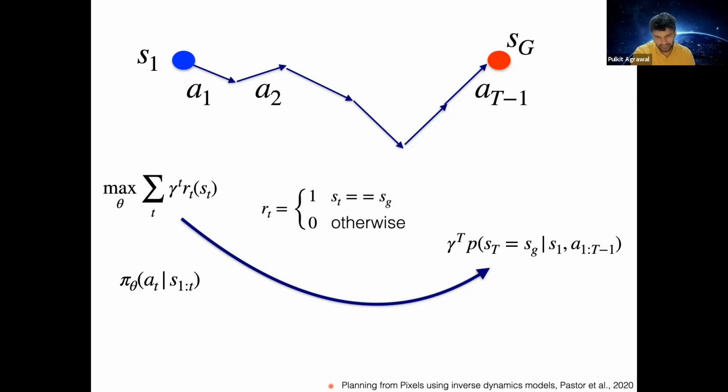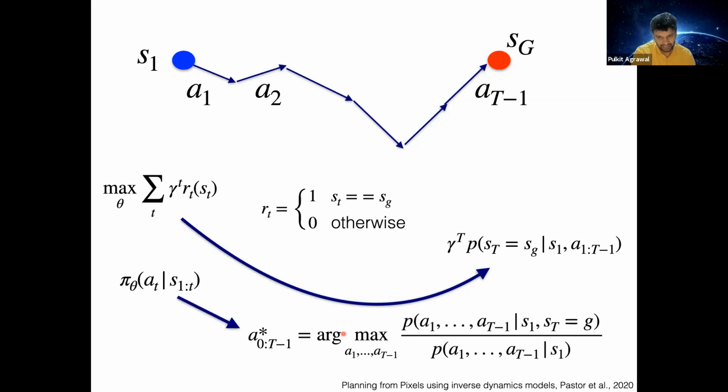Now this paper, planning from pixels using inverse dynamics model, what it showed was, if we use this as the reward function, then learning the policy, which is A given S, is akin to learning an inverse dynamics model, which is P of A1 to AT minus 1, given S1 and the goal, but weighted by a prior term.